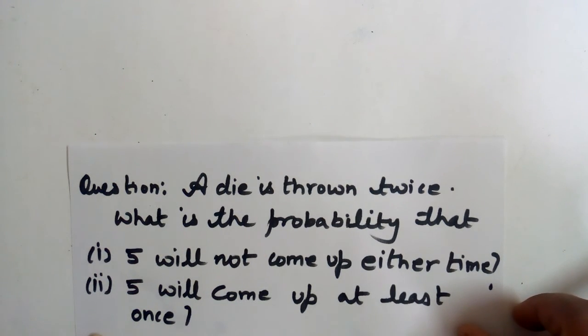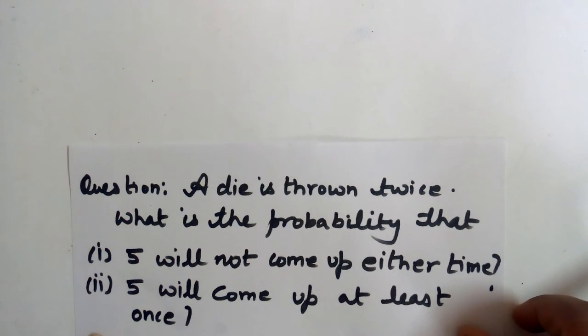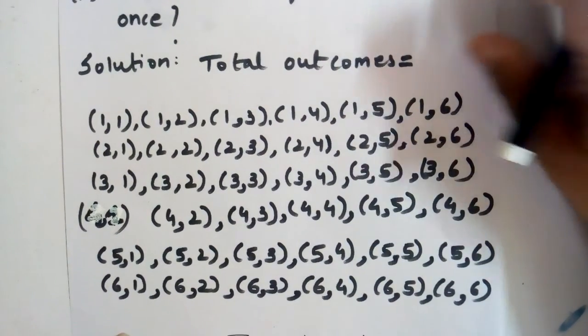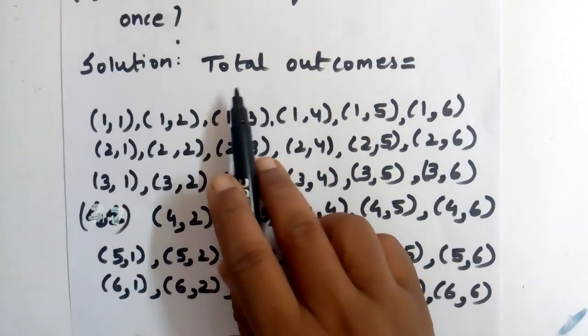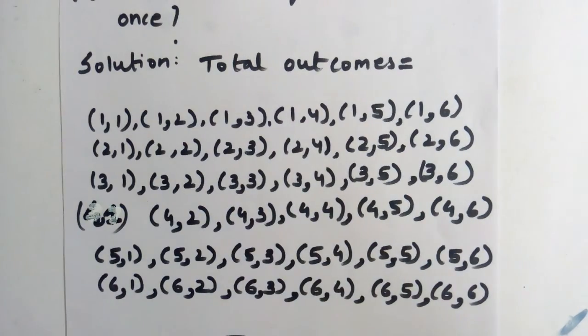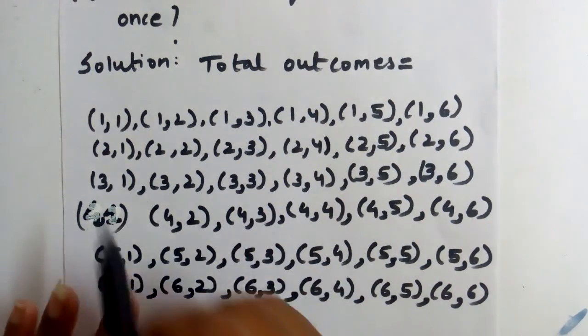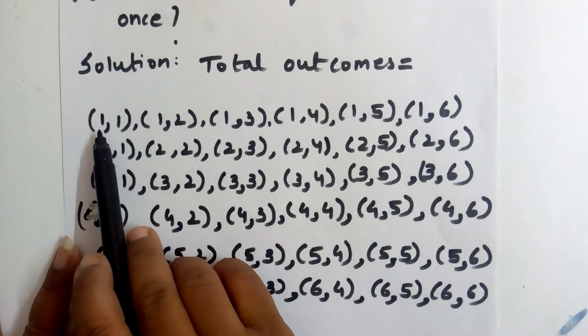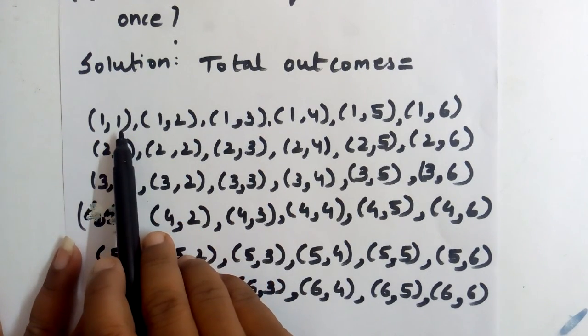If you forget this formula, you can find it by making the whole table by yourself. Now I am going to show you. Here I already made the table for you, showing the total outcomes. Just like coordinates, the first number is for the first die and the second number is for the second die.